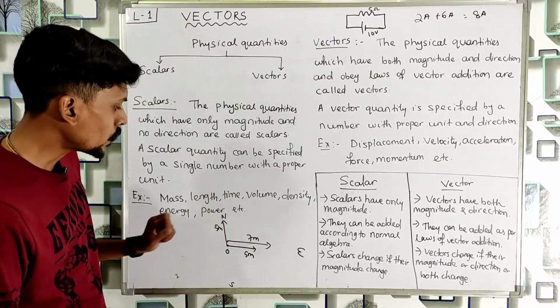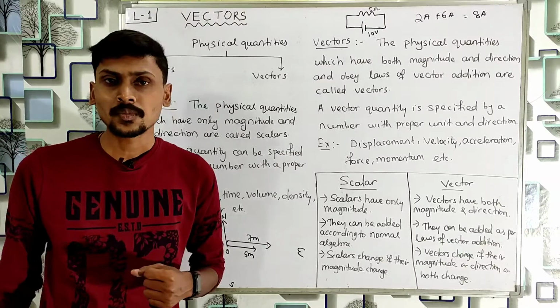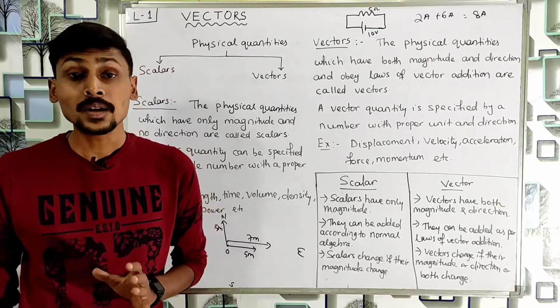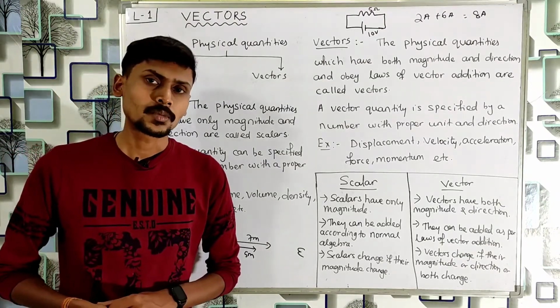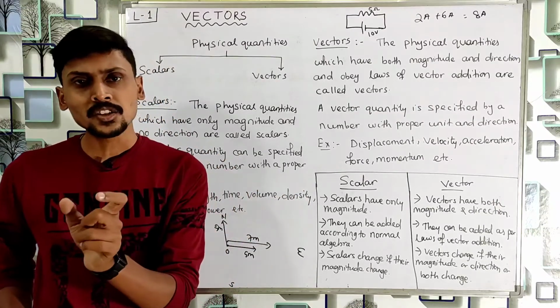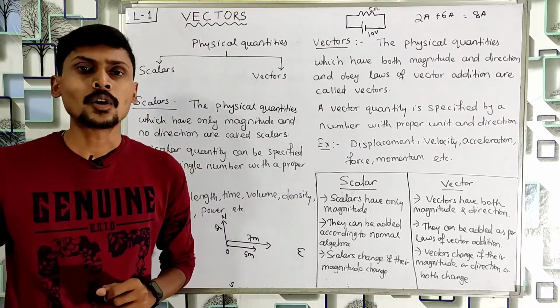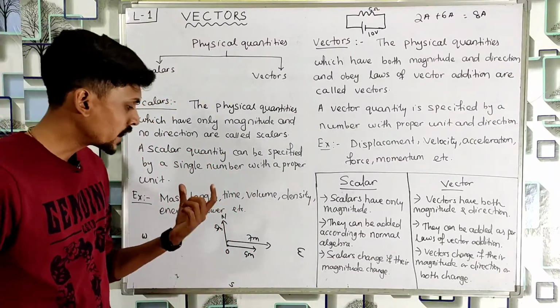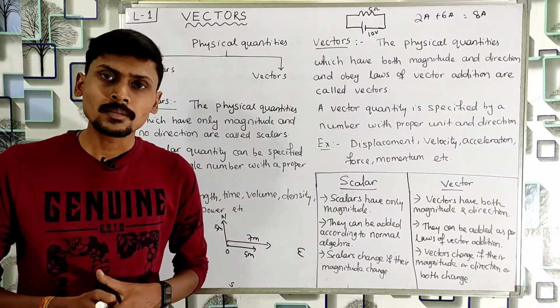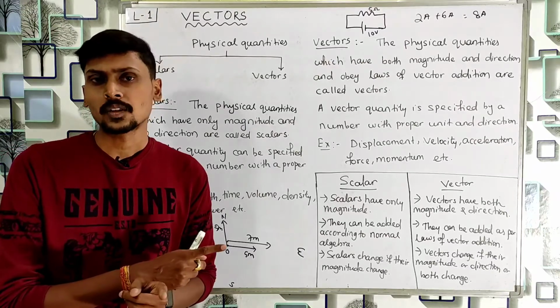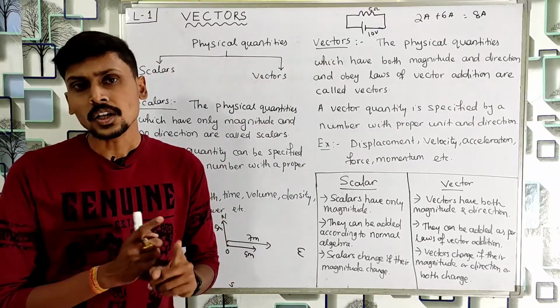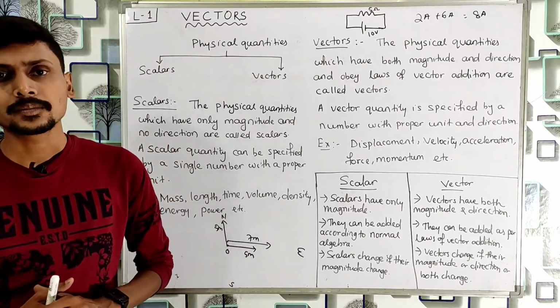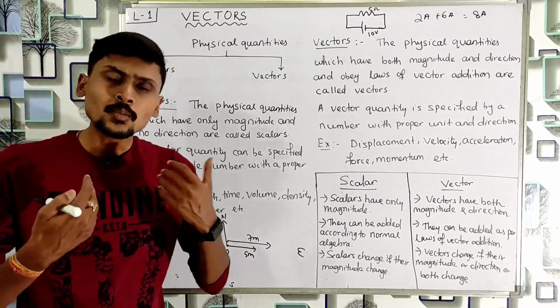So 5 meter towards north, 5 meter towards east. They have same magnitude but they have different directions. So 5 meter towards east is different from 5 meter towards north. So here I have kept the magnitude same but I have changed the direction. So by changing the direction you can change the vector quantity or by changing both of them.